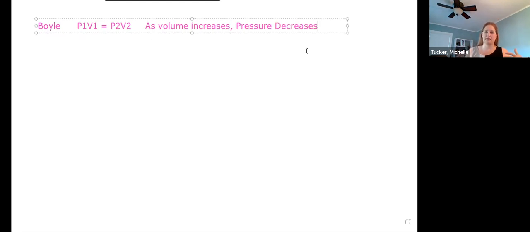So we open up that thoracic cavity, volume increases, the pressure decreases, air goes from high pressure to low pressure, so from out in the atmosphere and into the lungs.